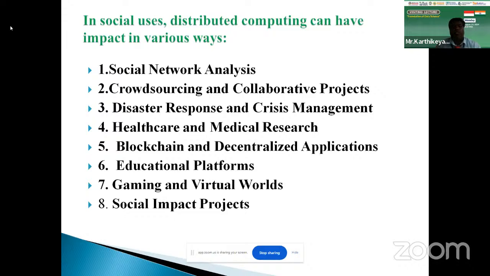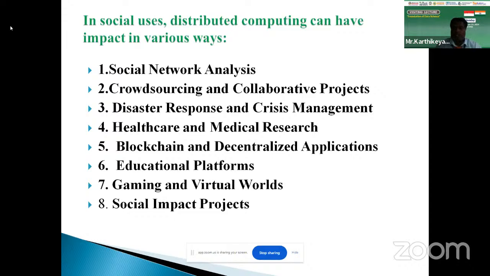The second is crowdsourcing and collaborative projects. The third is disaster response and crisis management. The fourth is healthcare and medical research. The fifth is blockchain and decentralized applications. The next is educational platforms, then gaming and virtual worlds, and the last is social impact projects.